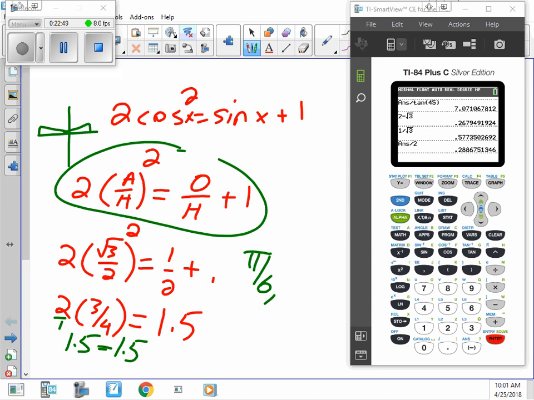We also know that 5 pi over 6 works. What about 7 pi over 6? It won't work because the cosine is negative, but the squared gets rid of the negative, and the sine is negative, and it remains negative. So this one doesn't work. What about 11 pi over 6? Same problem. The cosine is positive, and the sine is negative, so you end up with opposite values.